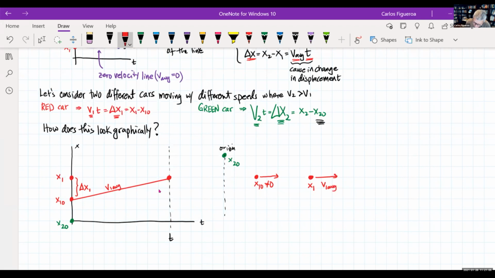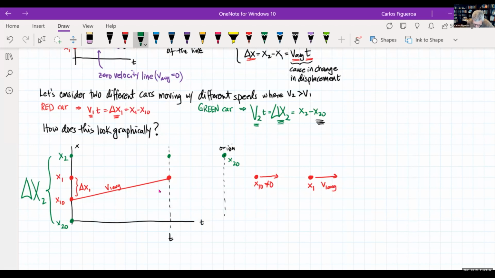But if I have a car that's moving faster, then I could imagine that, of course, it has to travel a farther distance. So when I look at the distance between these 2 points here, you could see that that is a larger distance. When I go and look at my point x2, it's located here.